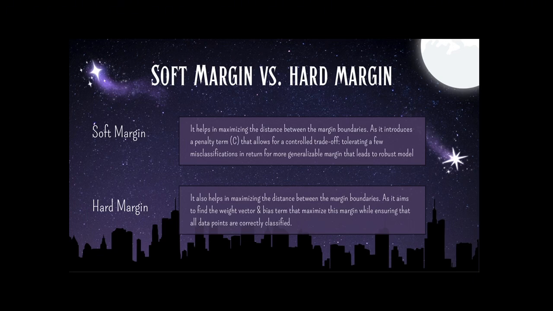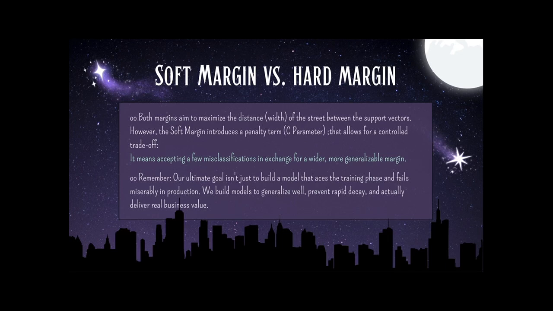So we can conclude here that soft margin is more flexible with the data points, unlike the hard margin. Both margins aim to maximize the distance, the width, between the two margin boundaries of the street between the support vectors. However, the soft margin introduces a penalty term, the C parameter, that allows for a controlled trade-off.